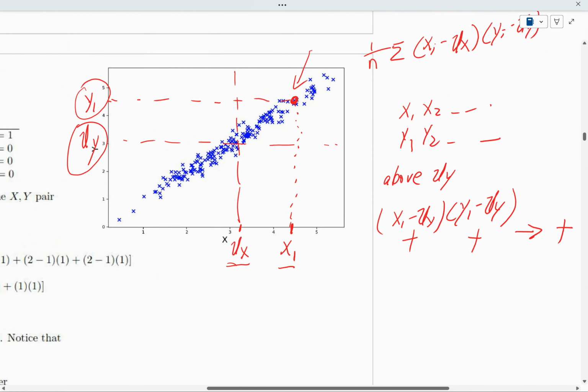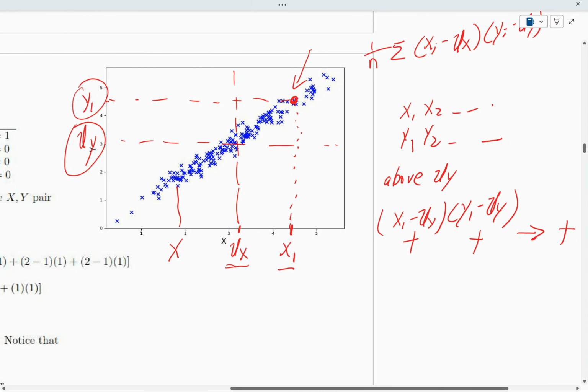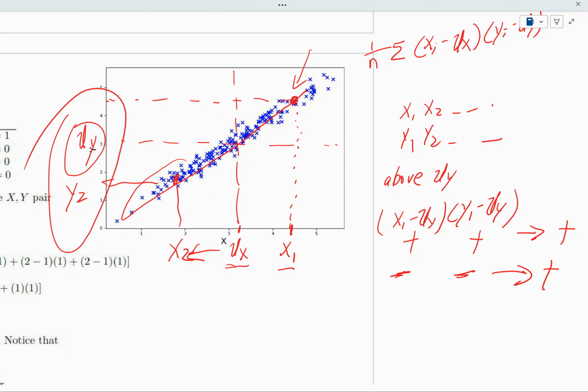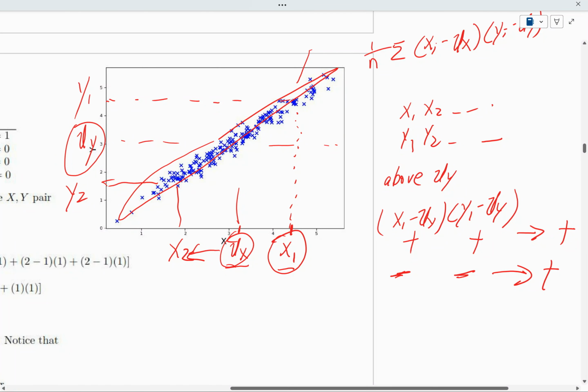Conversely, if x2 is below the average, then y2 is also likely to be below the average. If both are below the average, you will get a minus times a minus, leading to a plus. Because of the shape of the positive dependency, when xi is above the average, y is likely to be above the average too, giving a positive.